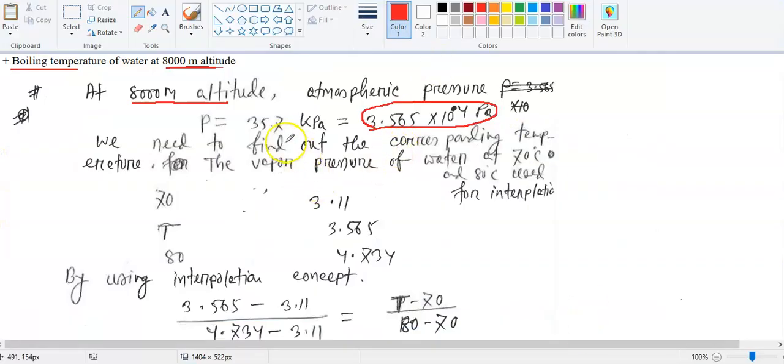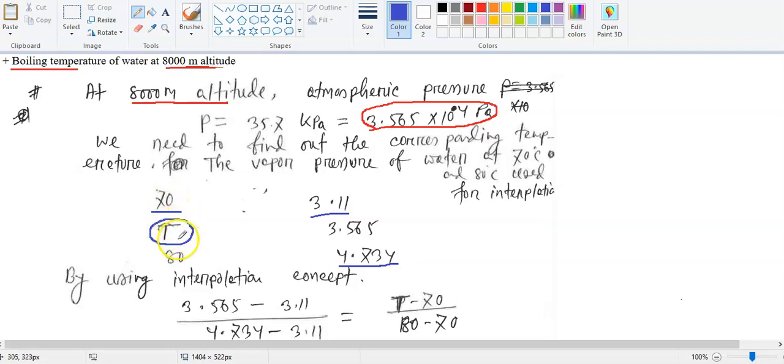So what I did here is I said we need to find out the corresponding temperature. The vapor pressure of water at 70 degrees and 80 degrees centigrade is used for this interpolation. At 70 degrees centigrade, this is 3.11, and at 80 degrees centigrade it is 4.734, and this is the atmospheric pressure, that's the vapor pressure, and we need to calculate the temperature for this pressure. This is actually the question.